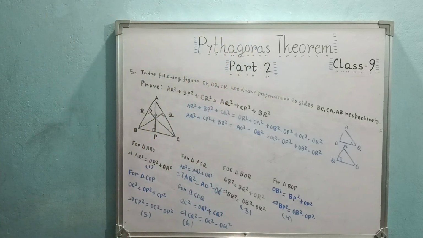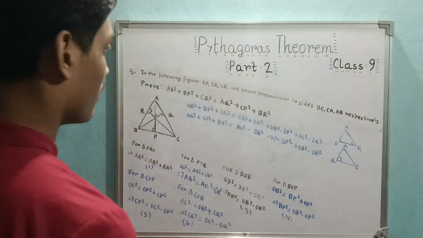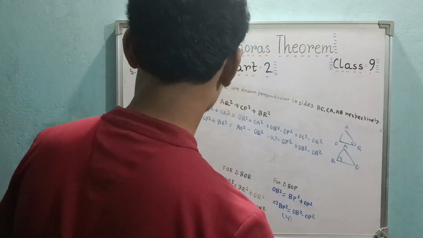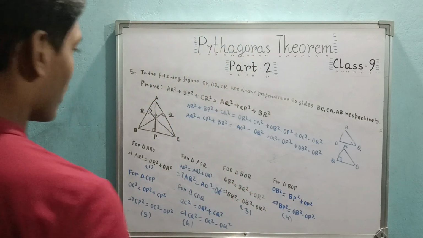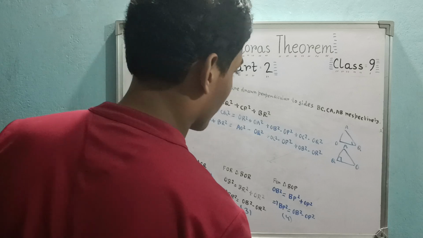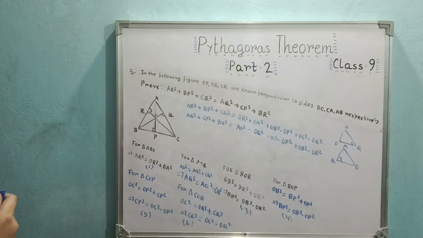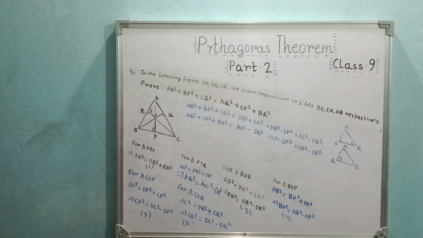Now see, OR square and OR square. Okay, another one is there. So this triangle, AR square equals OR square plus OA square. We see that as well. So something is not right here, I think.